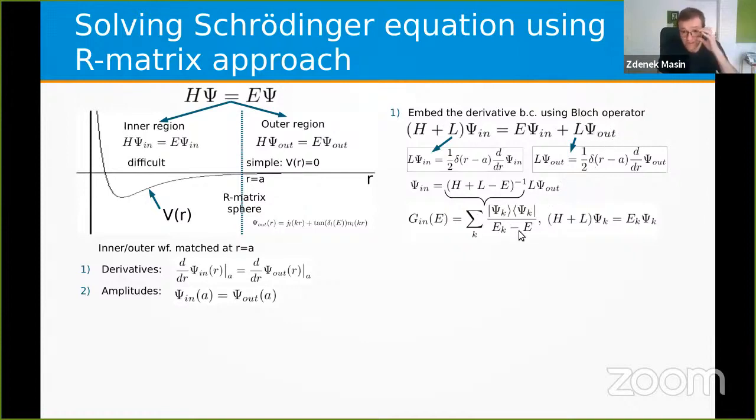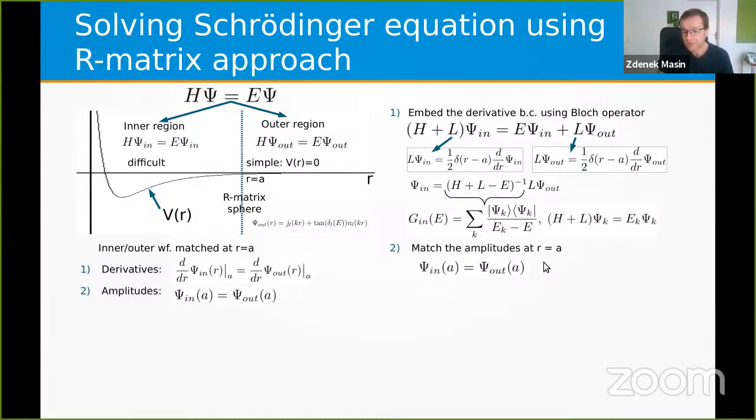The key point is that the Green's function actually has an exact, or well, not exact, but an analytic dependence on energy. So this is a key point of the R matrix. While these states, psi k, are the so-called R matrix basis functions, which are obtained by diagonalizing the Hamiltonian in the inner region.